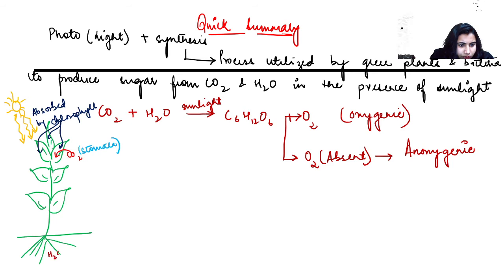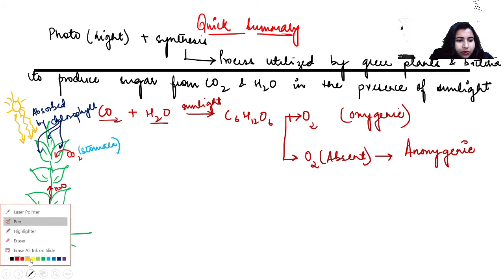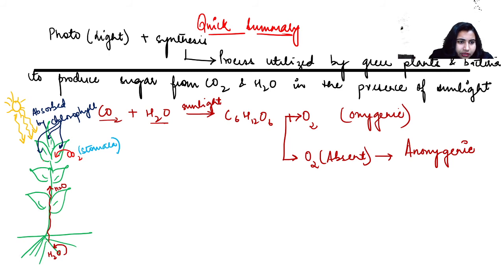And the roots absorb water, right? So this water will move up, and sunlight, carbon dioxide, and water now combine together to produce a sugar. If this is a fruit here, you can see this is a complex sugar that came out.